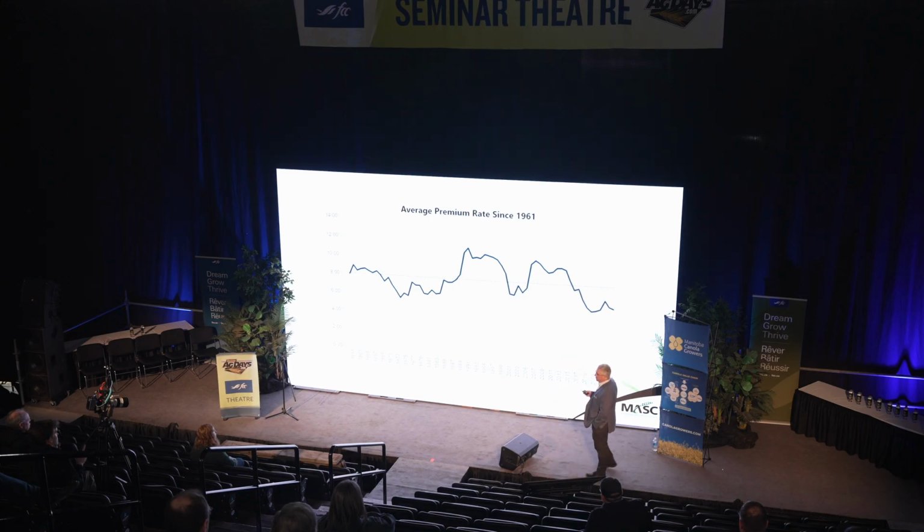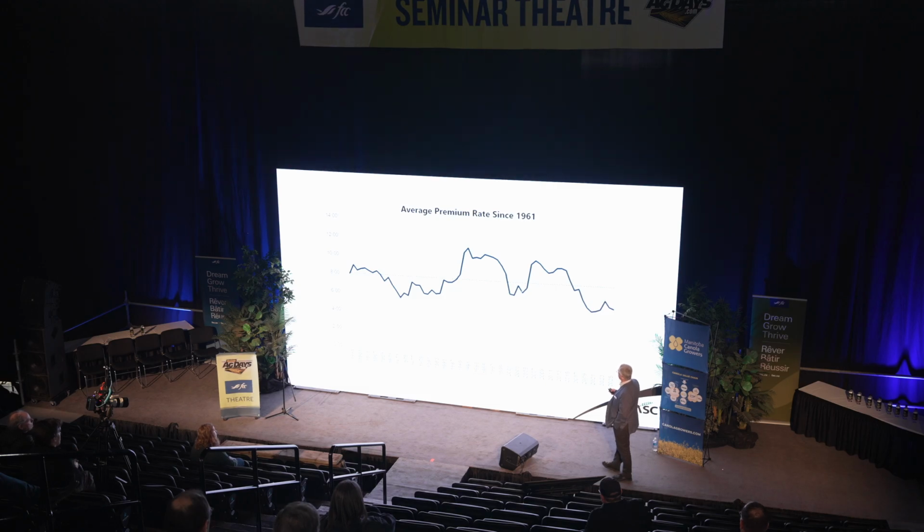And then in the late 80s, of course, the drought of 89 was a disaster year for MASC and many farmers. So premiums shoot right up, and we've had some challenges through the early 90s, lots of fusarium head blight, that sort of thing. But then that started to drop off in the late 90s, and premium rates followed along and dropped off accordingly.